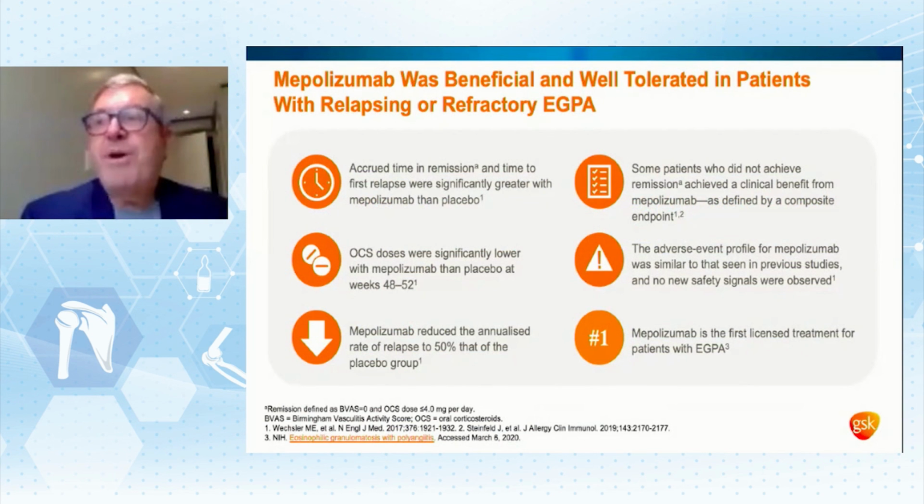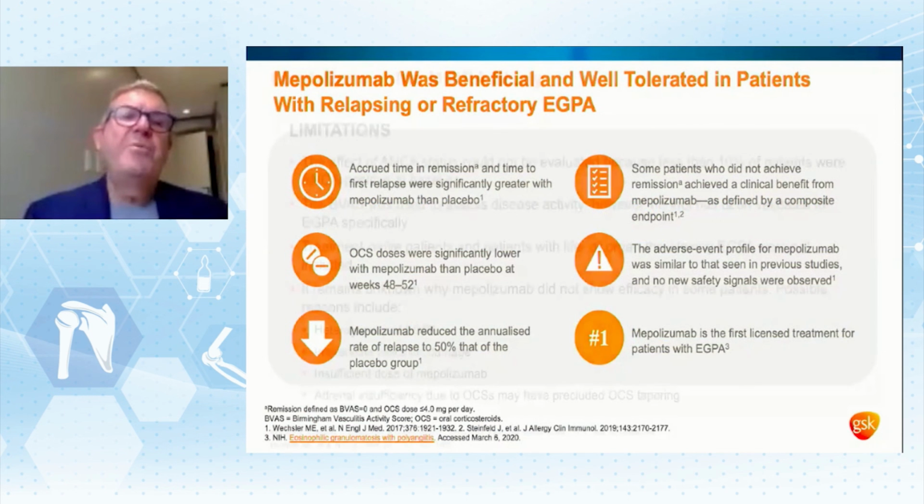You are able to reduce the burden of oral steroids by 50%. Some patients who do not achieve remission also achieve other benefits as defined by composite endpoints, and mepolizumab was safe in this population and is the first drug licensed for the treatment of EGPA around the world.